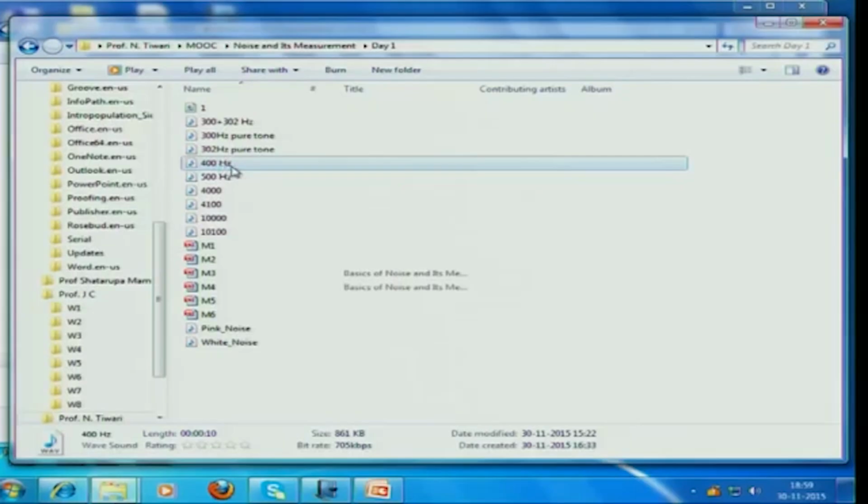Then we'll do the same experiment at 10,000 and 10,100 hertz, and there you probably won't be able to appreciate the difference at all. What that means is that our ears are sensitive to frequencies on a proportional or logarithmic scale. So with that preface, I wanted to play these tones. This is the 400 hertz tone.